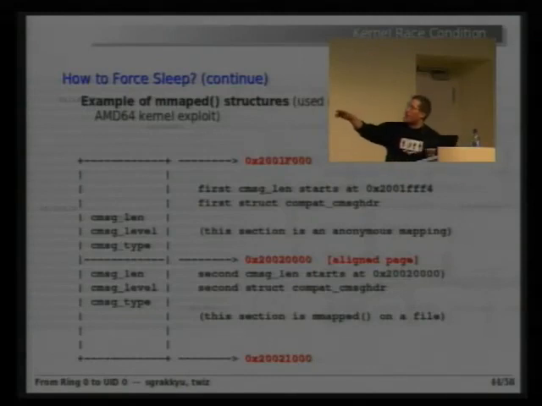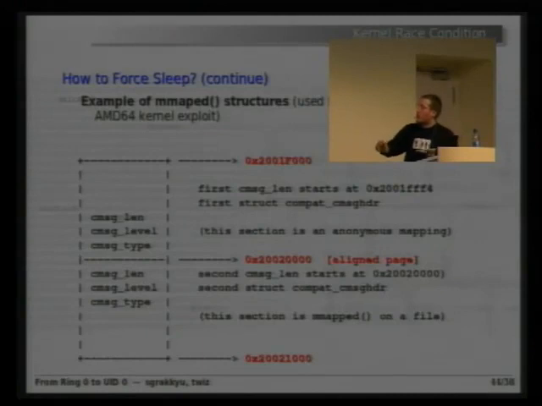In this example, when the kernel accesses the first structure, nothing happens. When it accesses exactly the first control message len of the control message structure in the second structure here, a page fault occurs, and another thread waiting for the race can change the first len, making a len miscalculation and a buffer overflow in the kernel.